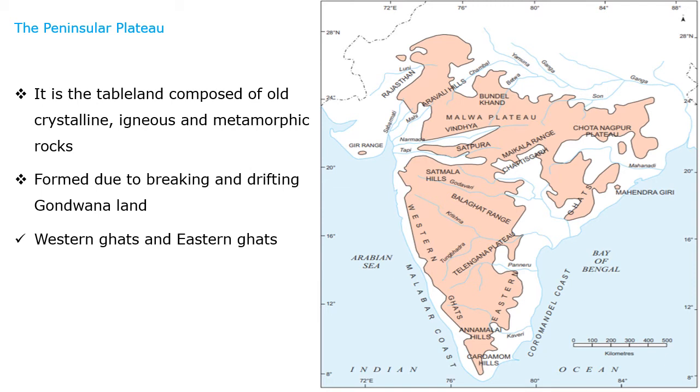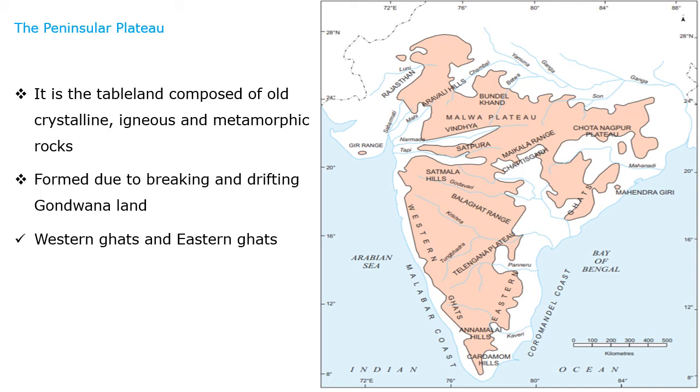This Deccan Plateau was of volcanic origin. It was bounded by the Western Ghats towards its west side and Eastern Ghats towards its east side. When you look over this map, you can see the Western Ghats are a continuous series of hills, but the Eastern Ghats have been dissected, or have gaps.